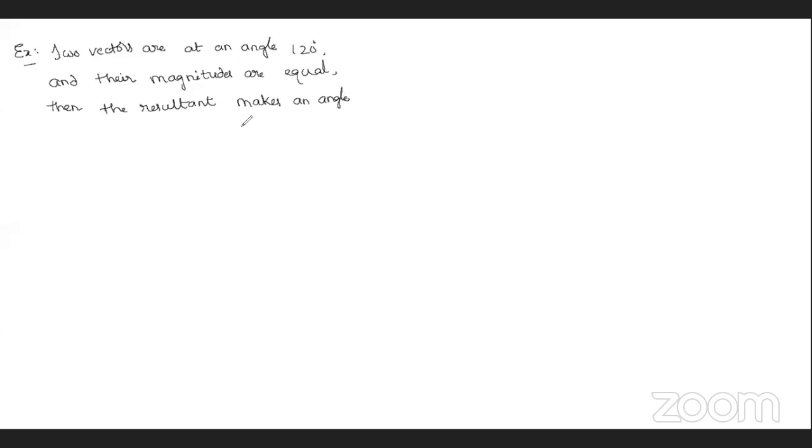Now, the resultant makes an angle with one of the vectors, which is directly the answer, 60 degrees. How can you say that?